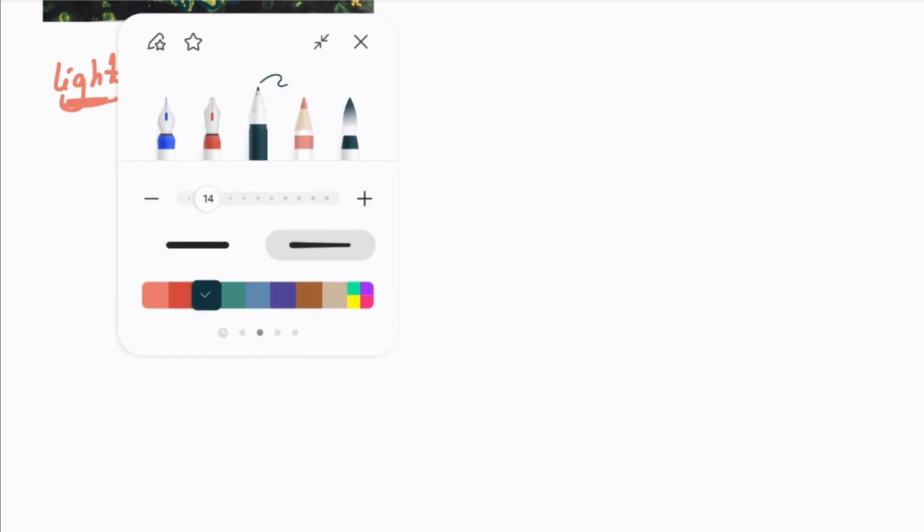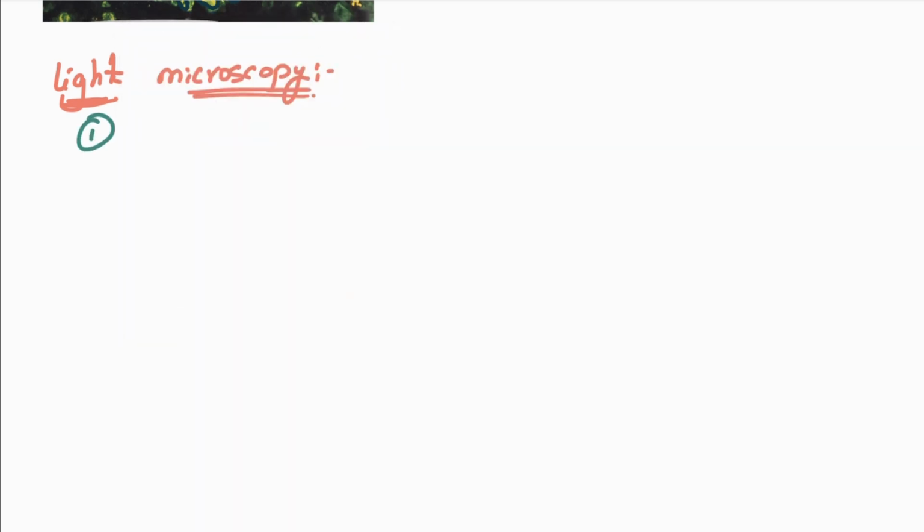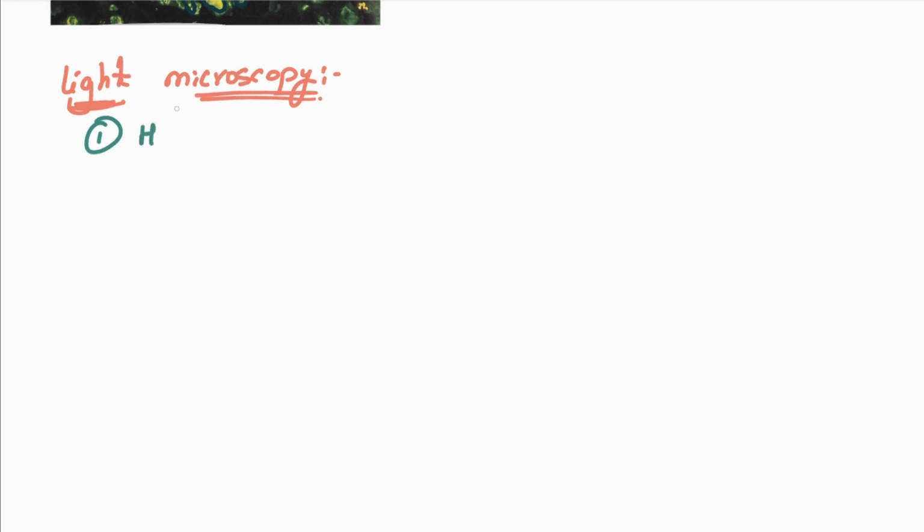Okay, so let's discuss some of the important points about the light microscopy. In light microscopy, there are different types of stains that you're going to use. First one is hematoxylin and eosin stain, H&E stain. Second one is to stain the glomerular basement membrane.